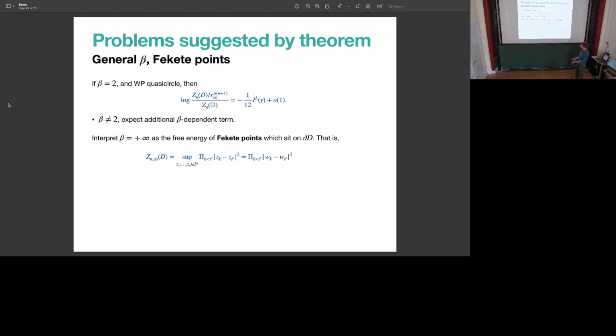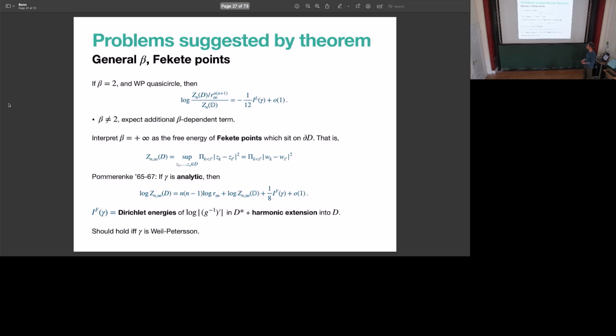Then, it's also a very well-known classical result that if you take the 1 over n times the n-th root of this, it converges to the capacity. But there is a really remarkable result due to Pommerenke from the 60s that actually computes the free energy of this. This is the leading term, which is easy.